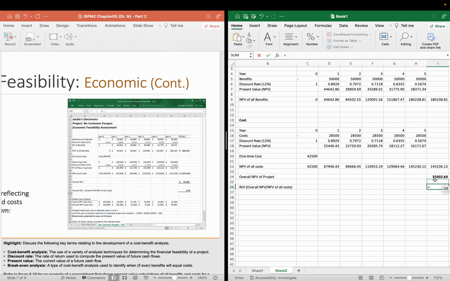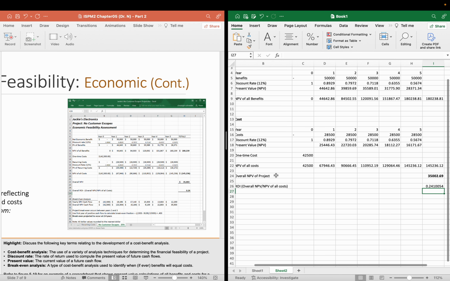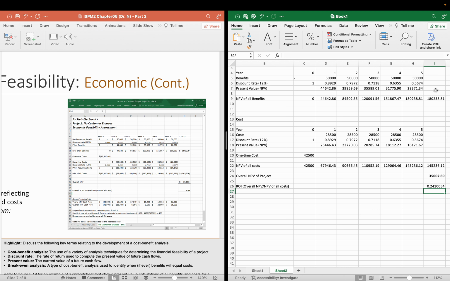So we simply need to divide $35,000 by the overall cost of the project, and that's the return on investment. We paid $145,000, we got $35,000 as the benefit, right? The overall net present value is kind of like the benefit, because we paid this much, we made this much money. So this is the ROI. ROI is 0.24 or 24%.